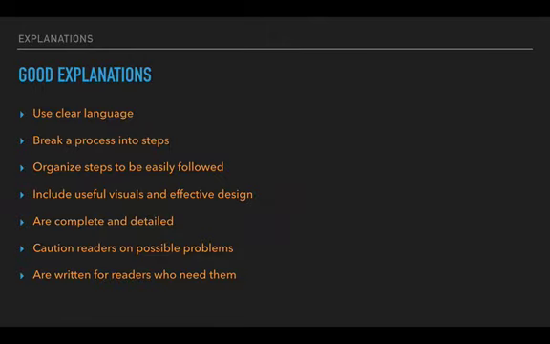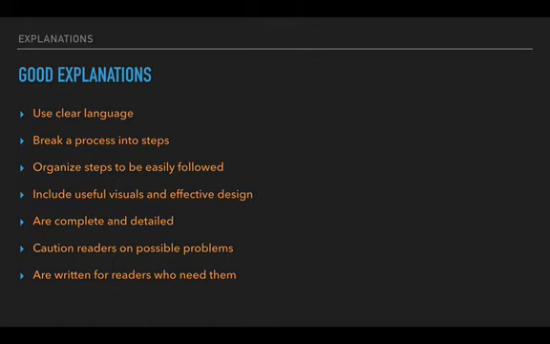So good explanations use clear language, and again, just as we've been working on those 3 C's, the correct, clear, and concise, you're going to want to use all of those in both the slides you have and the notes text underneath those slides. You'll break the process into steps, which seems like a no-brainer, but really think about how small the steps should be in order for your audience to really complete a process.